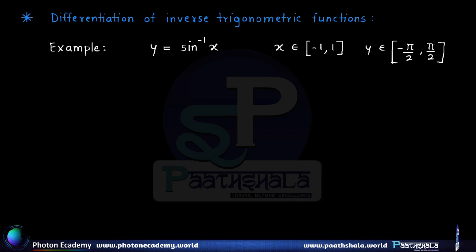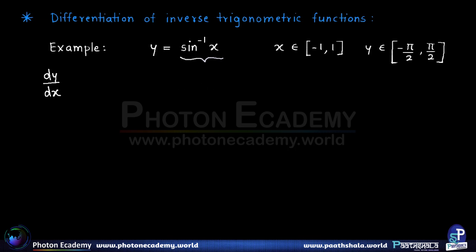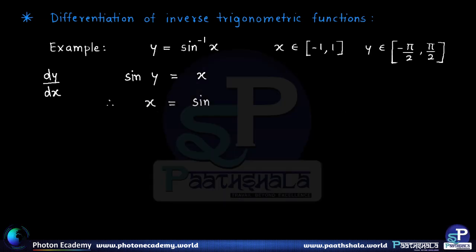Right? Now our aim is to find out dy/dx, and we don't know how to differentiate sine inverse of x. So to do that, what we do is we bring sine to the left hand side. So that means sin y equal to x, right? Now just for the sake of simplicity, let me write it the other way around, that is x equal to sin y.